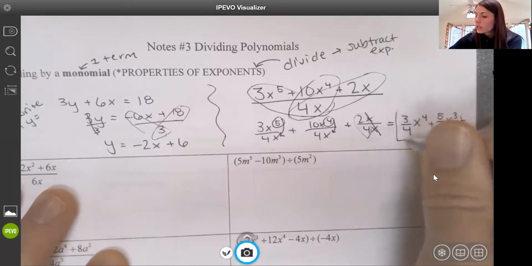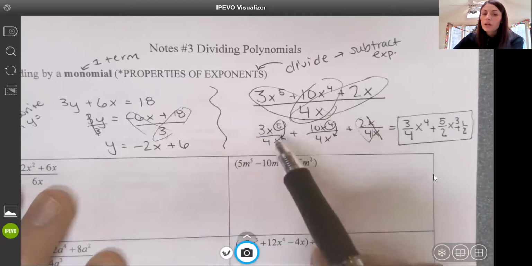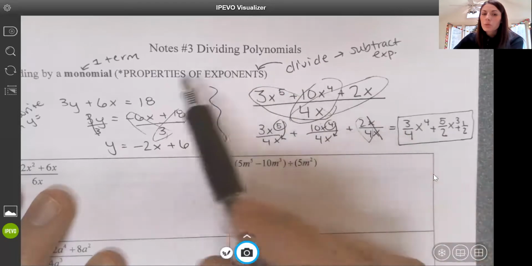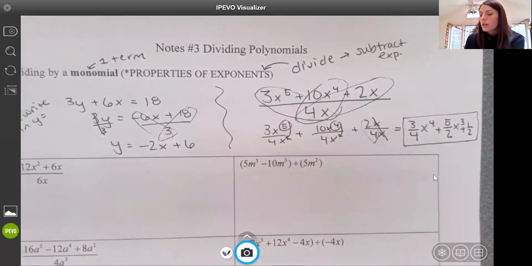Okay, so now I've divided each term separately by that 4x, and for my variables, I'm using my properties of exponents. So we have a few examples here.